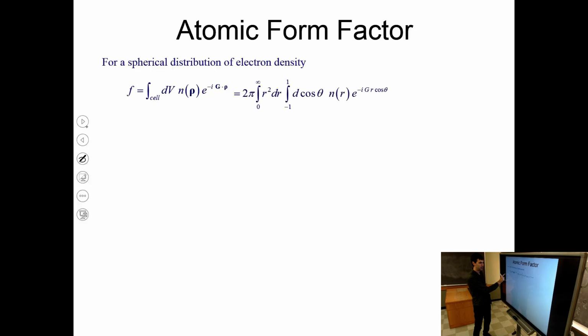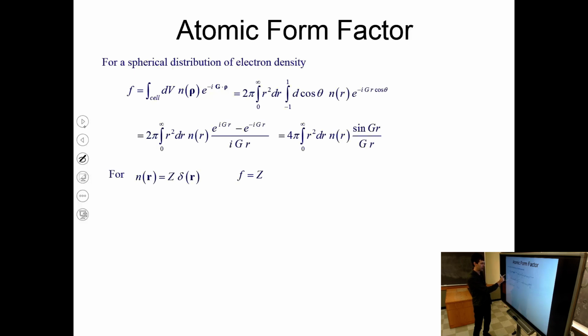So just for completeness, we are going to look a little bit at what this form factor is. Well, atoms are little balls, right, with electrons flying around them. So this function n of rho is most likely going to have a spherical symmetry. And to figure out this integral, you would want to go to spherical coordinates with phi, theta, and r, the distance to the center.